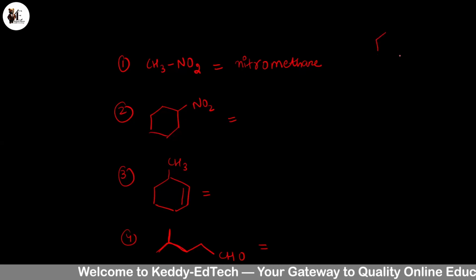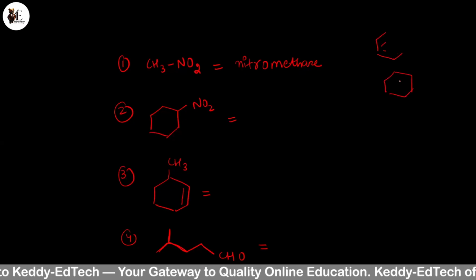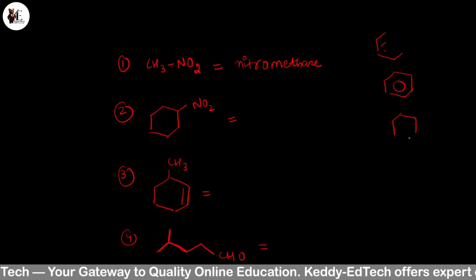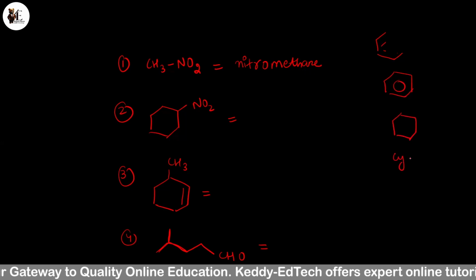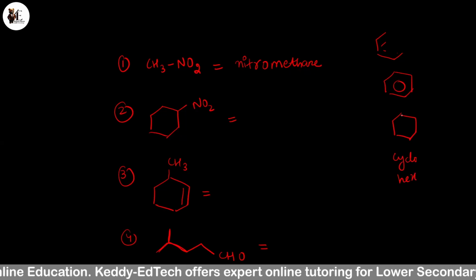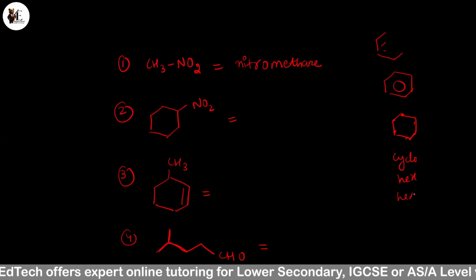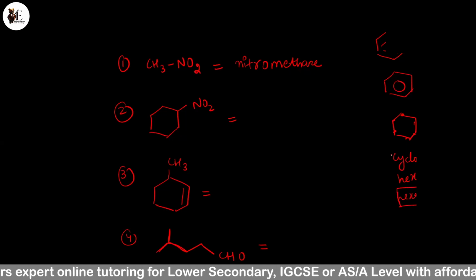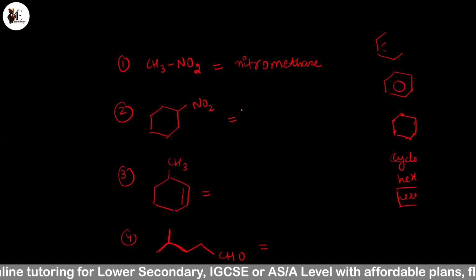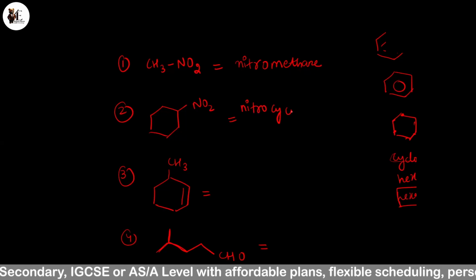There's a difference in benzene. This is benzene. This is also benzene. But this is not benzene. This is cyclohexane. There are 6 carbon atoms. 1, 2, 3, 4, 5, 6. That's why it is hexane. And since it is in the cyclic form, so it is cyclohexane. So the name should be modified as nitrocyclohexane, not nitrobenzene.